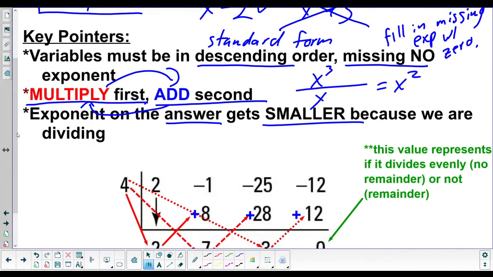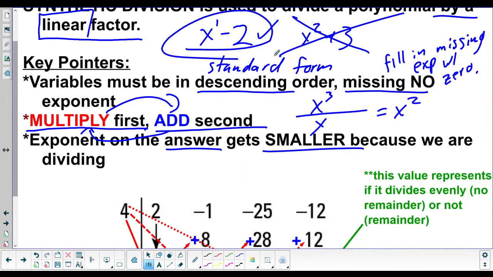So when we divide by this x to the first something, the exponent is going to go down by 1 because we're taking 1x out of your answer. I'll fill you in on how to do that exactly when we look at examples. But just be aware, when you divide, stuff gets smaller generally.